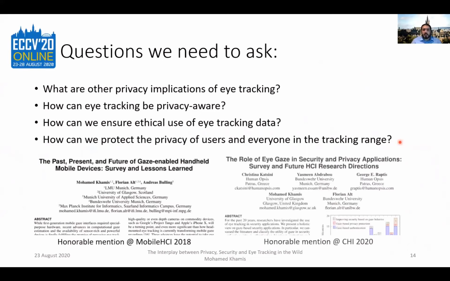I discussed these problems in two recent papers, one in MobileHCI 2018 and the other in CHI 2020. If you'd like to start looking into this area, I advise you to start with those papers, where we discuss the privacy implications of eye tracking in some parts of them and ways forward to address them.